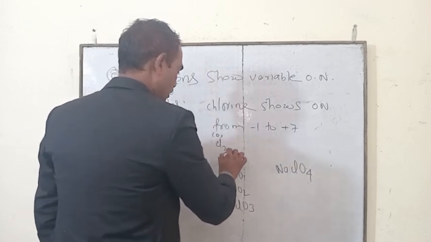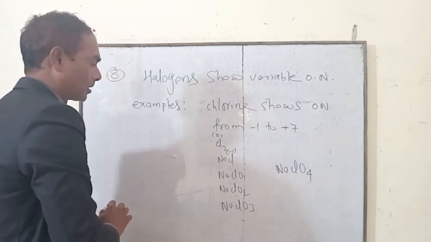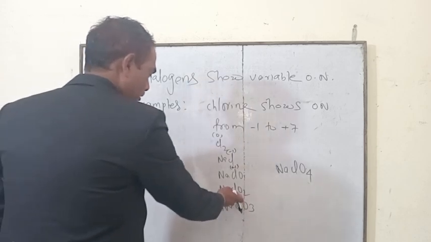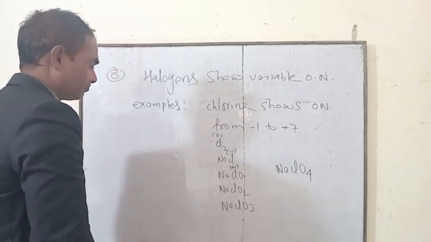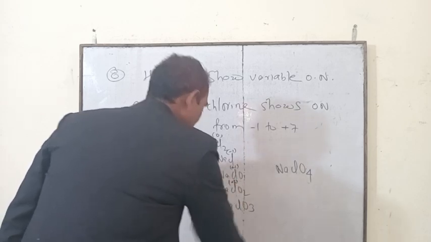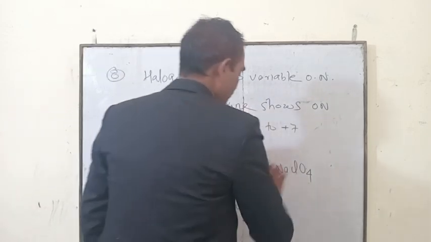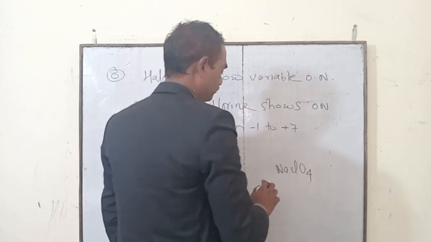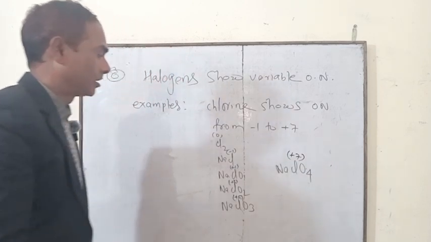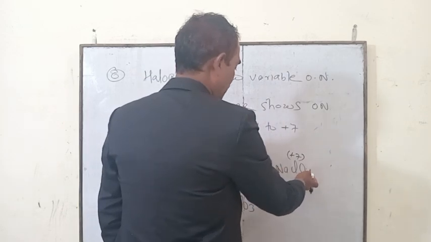Here oxidation number -1. In sodium hypochlorite, oxidation number of chlorine is +1. In sodium chlorite, oxidation number +3. Here oxidation number +5. In sodium perchlorate, oxidation number +7. We can calculate the oxidation number of chlorine with the help of sodium atom and oxygen atom.